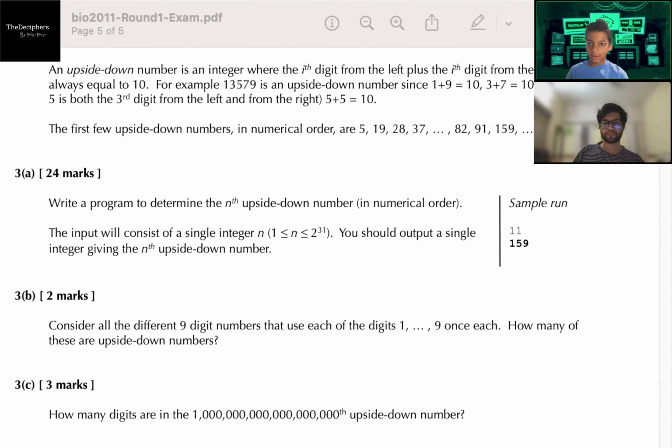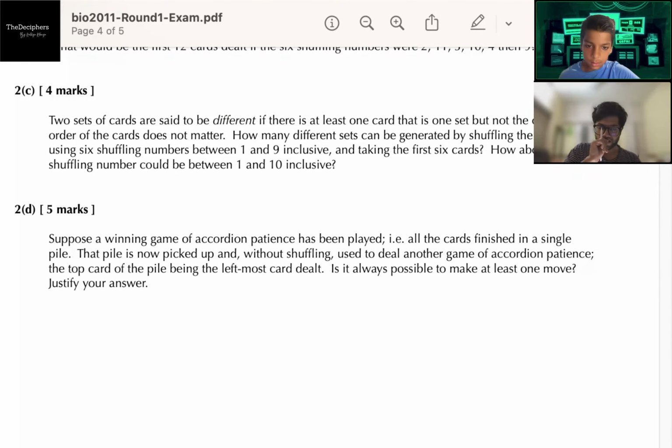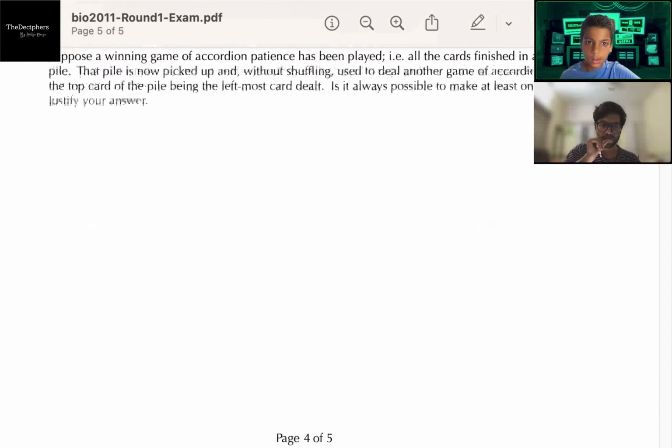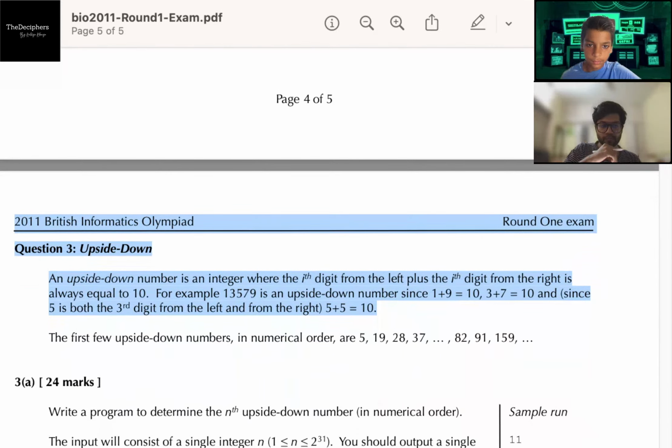Yeah, I probably did. So the question is, an upside down number is an integer where the ith digit from the left plus the ith digit from the right is always equal to 10.